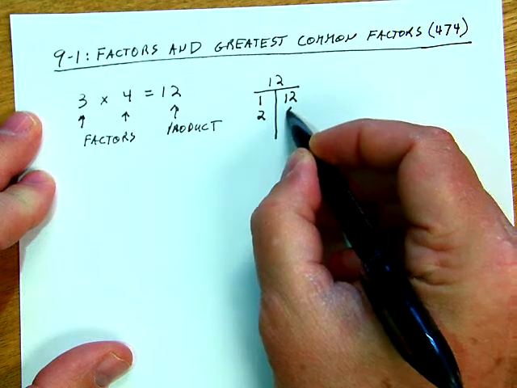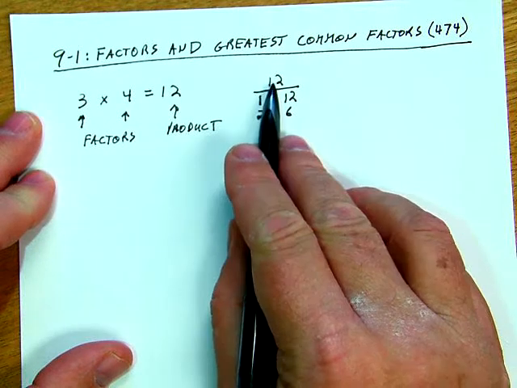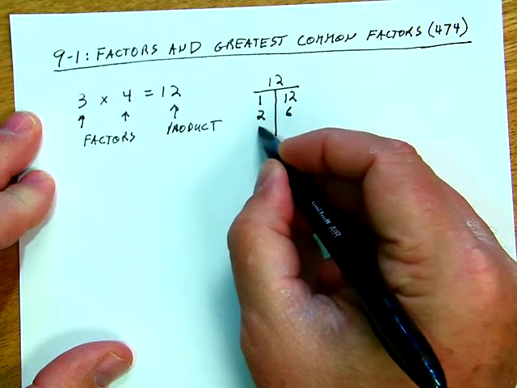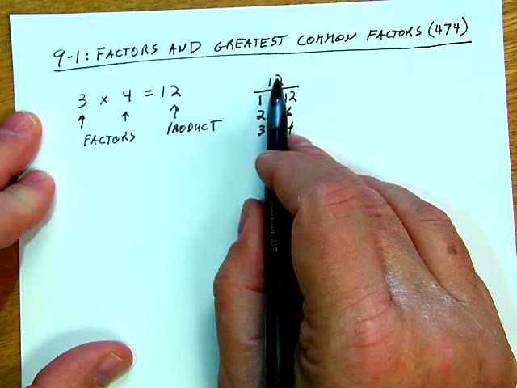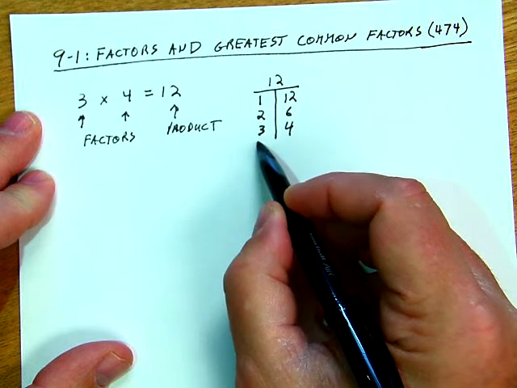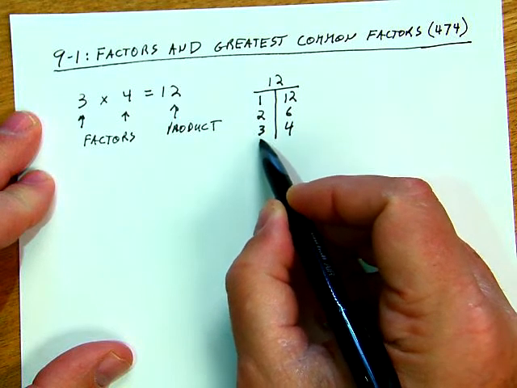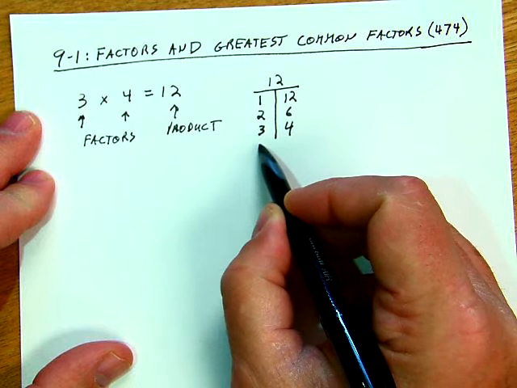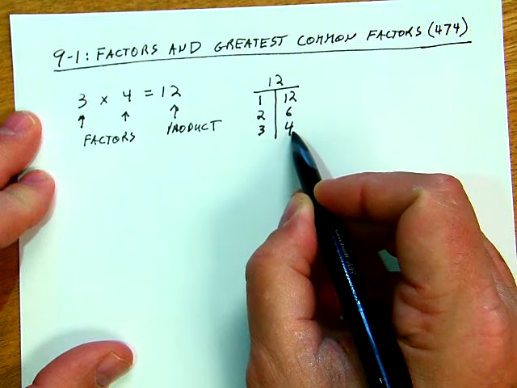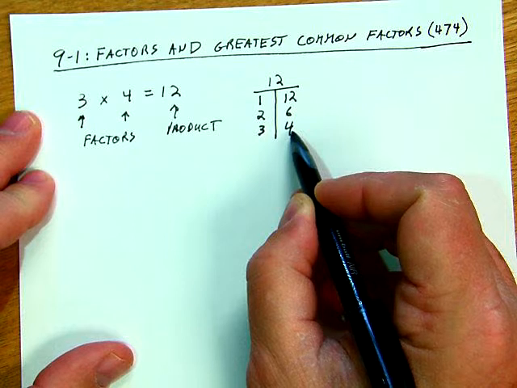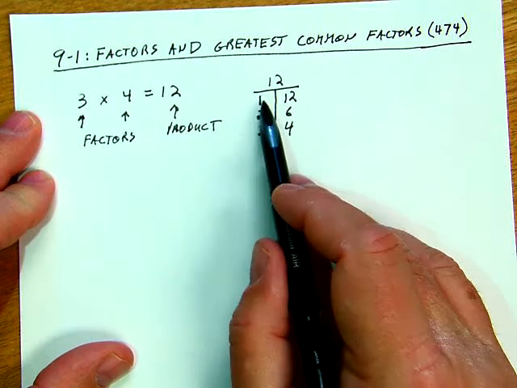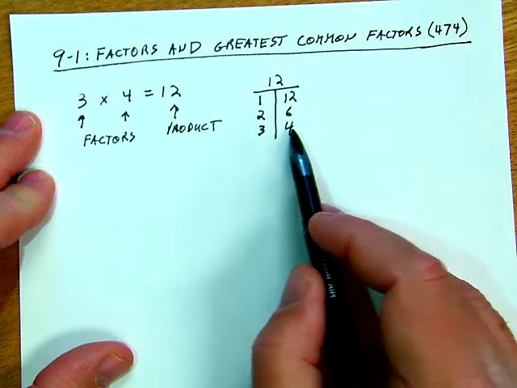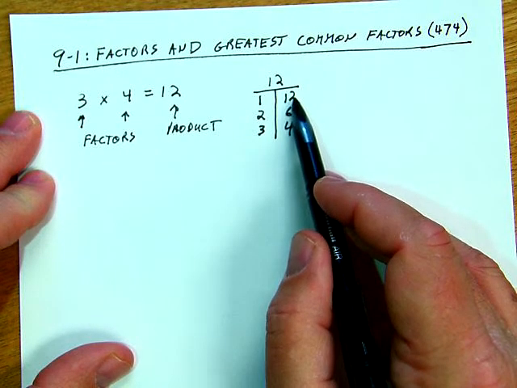Well, 2 times 6 equals 12. Go up again, 3 times 4 equals 12. And then I could go up again to 4, but once I reach 4 on this side, the number I've already got on this side, then I know I'm done. So my factors for 12 are 1, 2, 3, 4, 6, 12.